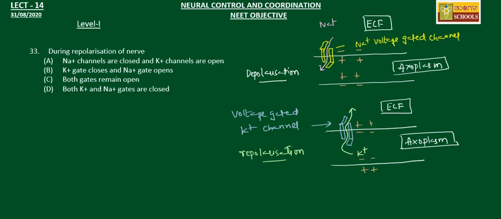So here you can see this is a sodium channel. So sodium channel is closed. So this is voltage gated sodium channel, that is closed. So in this case, the potassium channels are in closed condition.